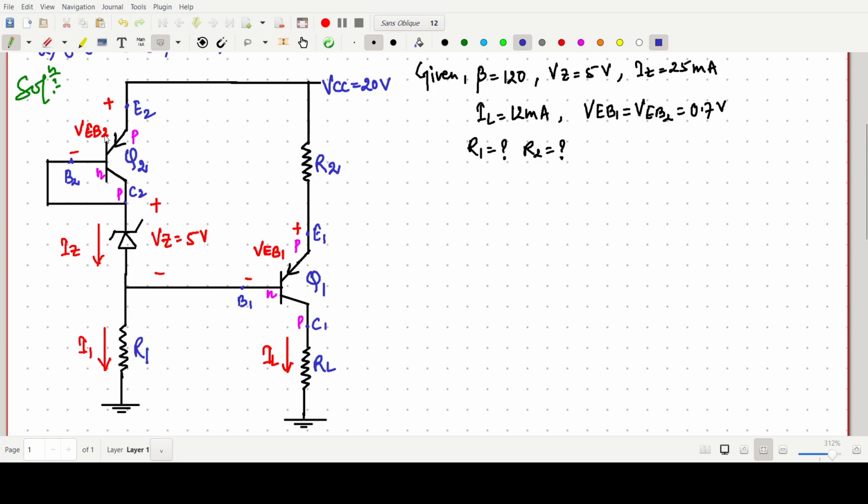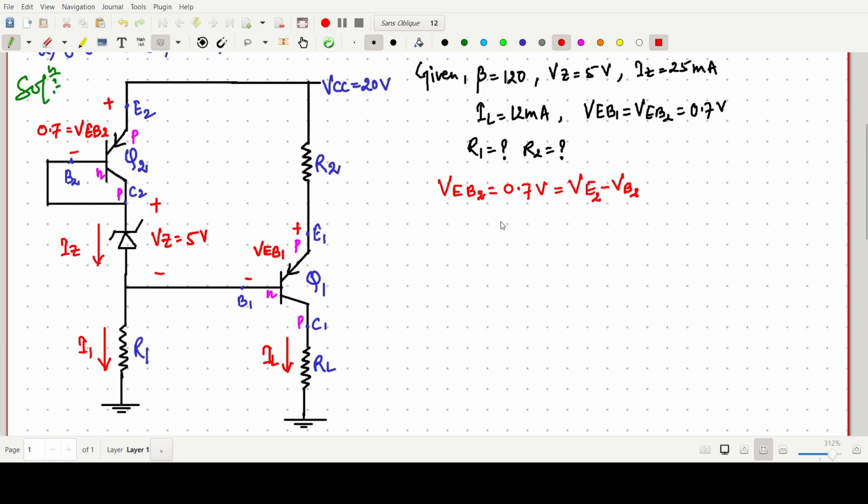In this case VEB1 is given as 0.7 volt. This value is 0.7 volt, and this value is VE2. VCC is 20 volt. So what we can write from here: VEB2 is given as 0.7 volt, and this VEB2 can be written as VE minus VB.